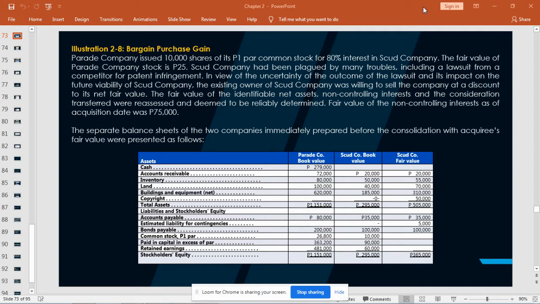For this part, we will be discussing the same consolidated balance sheet as of the acquisition date, taking into account bargain purchase gain. Previously we have discussed how to go about if we have a positive excess or a goodwill. So without further ado, let's continue.